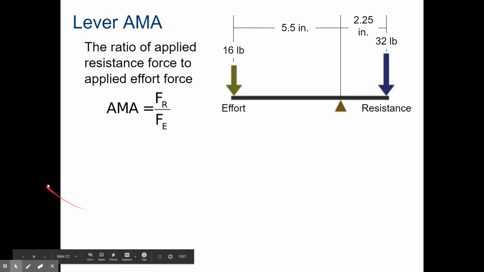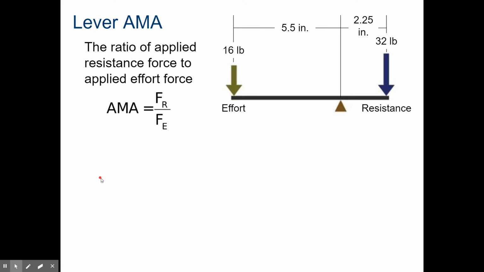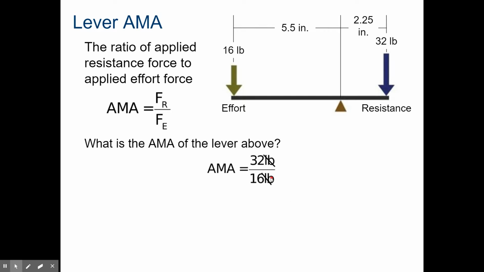All right, that's IMA. Now, AMA. With AMA, we actually have to have some calculations, or we have to be provided some forces. Here we are. AMA equals the resistance force over the effort force. The resistance force is 32, the effort force is 16. So 32 pounds divided by 16 pounds. The pounds cancel each other out.